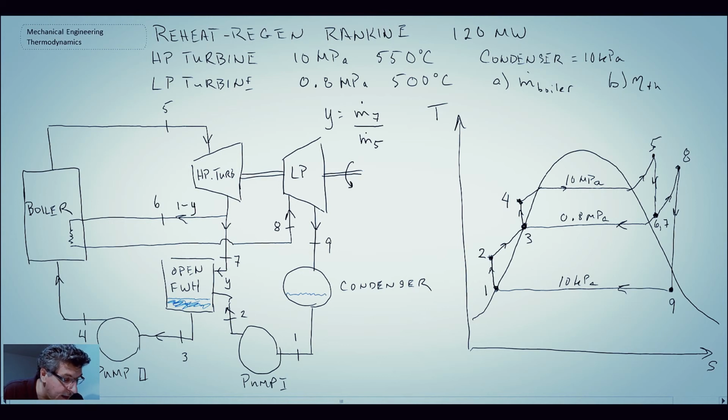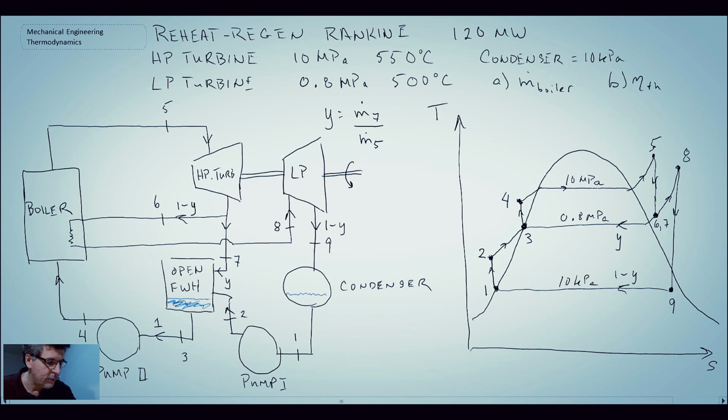I will continue with that convention on our diagram. 1 minus y goes through the boiler for reheat and into the low pressure turbine, so what goes through the condenser is 1 minus y. When it recombines, we're back at 100% flow rate going into pump 2. Putting the same information on our process diagram, we have 1 minus y here, and the bleed stream going off into the open feed water heater is y.